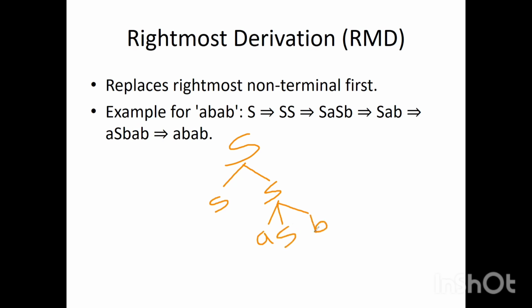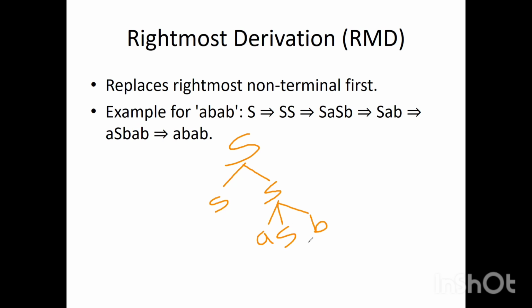Okay. Now here this S is, okay. In this example, they have derived the rightmost derivation with another trick.